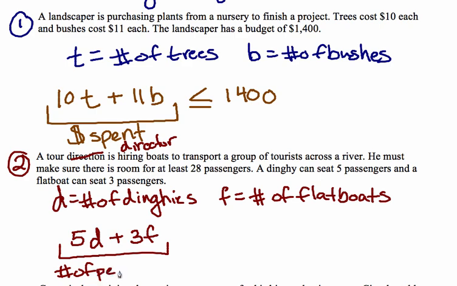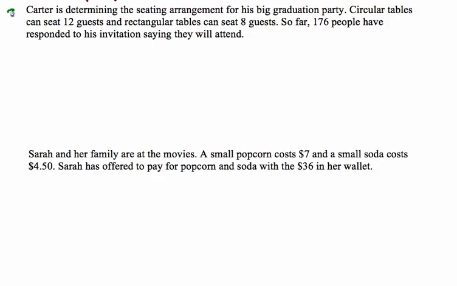And we need the number of people to be at least 28. There are 28 people currently signed up for this tour, so we need at least 28 people to fit on these boats. The phrase "at least" implies that we can also be equal to 28. So 28 people could fit on whatever combination of dinghies and flatboats we come up with given this inequality, or it could be more than that.